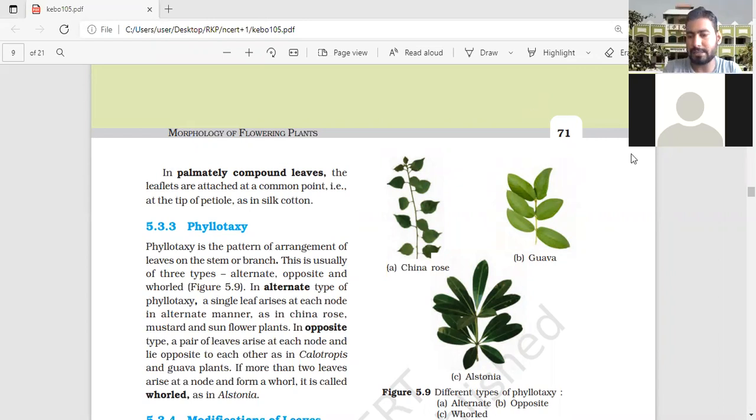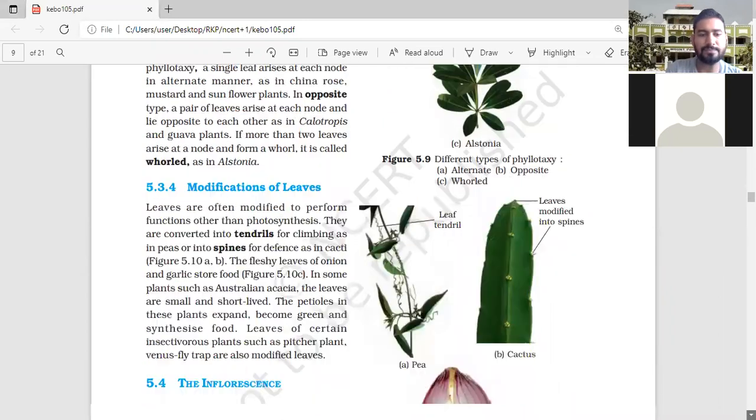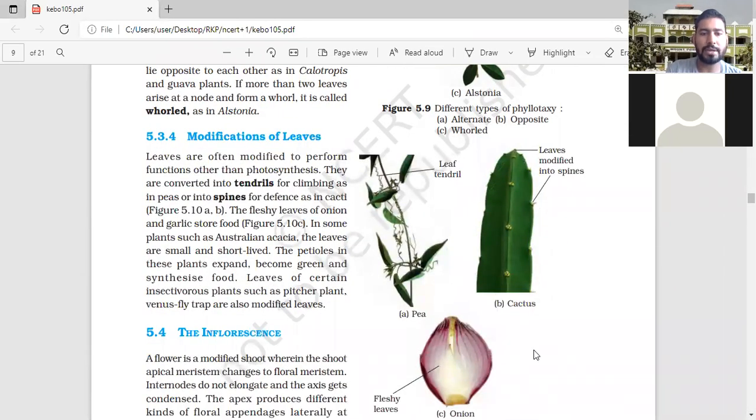Now last topic, that is the leaf modification. Now you can see modification of leaves. Just look here.